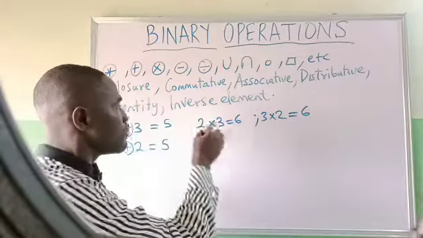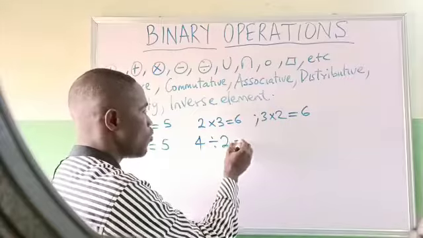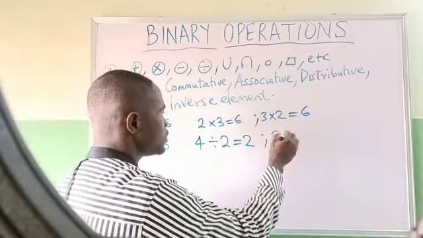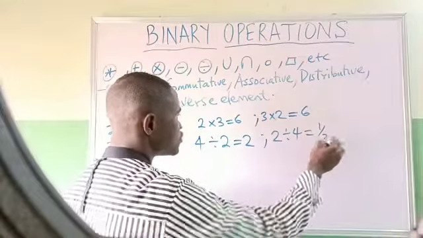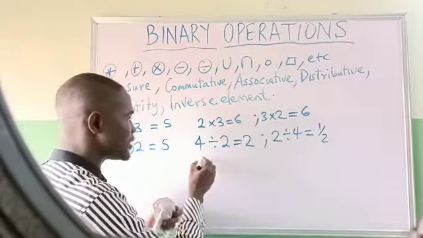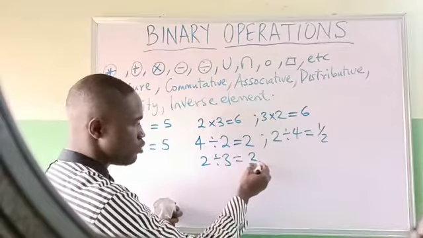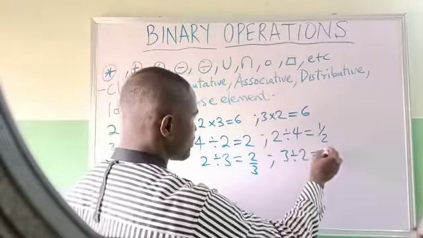Then 4 divided by 2. What will it give me? 2. 2 divided by 4. What will it give me? 1 over 2. You now see that when we come to division, even if we use 2 and 3, 2 divided by 3 will give me 2 over 3, and 3 divided by 2 will give me 3 over 2.